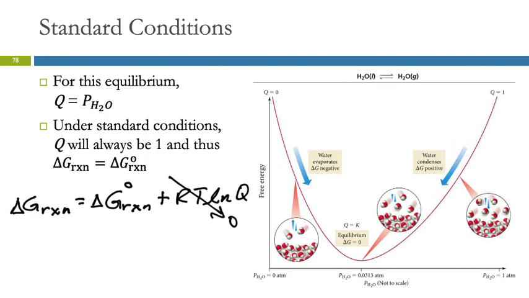This reaction is going to go in the reverse direction. When Q is 0, we're going to get evaporation. Delta G is negative. And here, where Q is equal to K, we're going to have equilibrium, which is where delta G is equal to 0. Does that make sense?